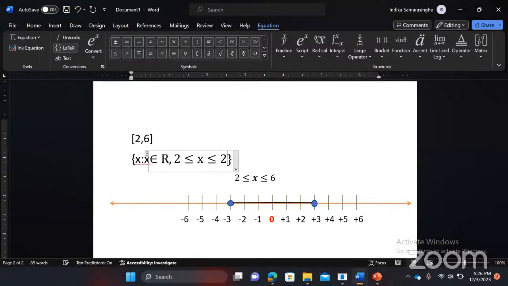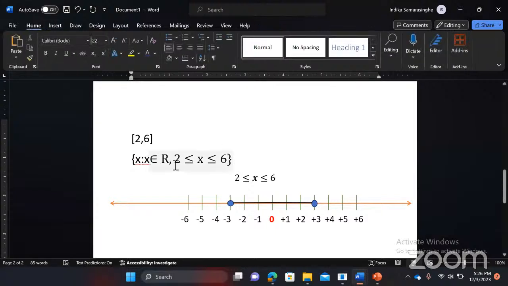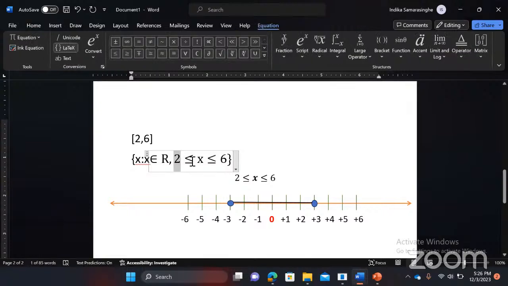Here, you have to represent x is greater than or equal to 2 and less than or equal to 6. How do we represent it here?